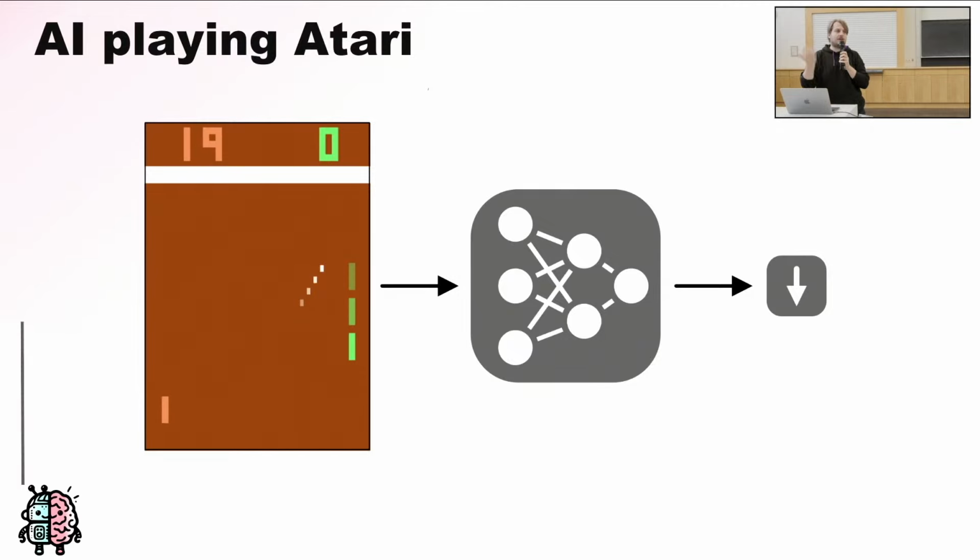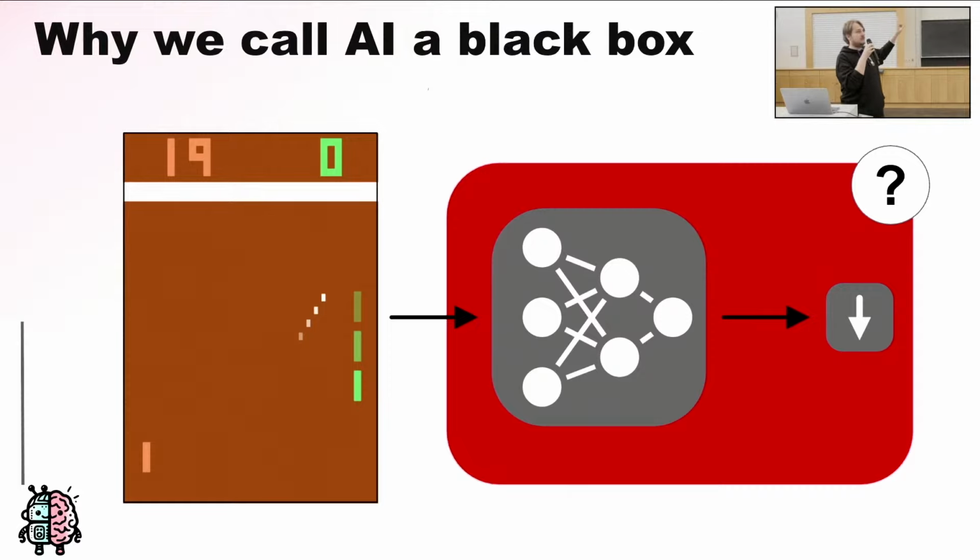And the problem here is that we have no idea what this model is doing. We can ask, okay, what should I do? And it says down. And now I look at the image and see, okay, the ball is towards me, so upwards. So I should go up, right? And now I ask the model, okay, why are you going down? And it says, here are 20,000 parameters in numbers. Figure it out yourself.